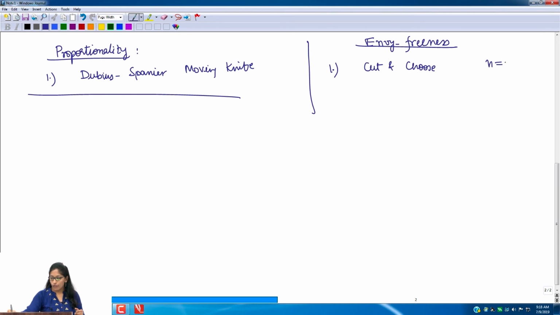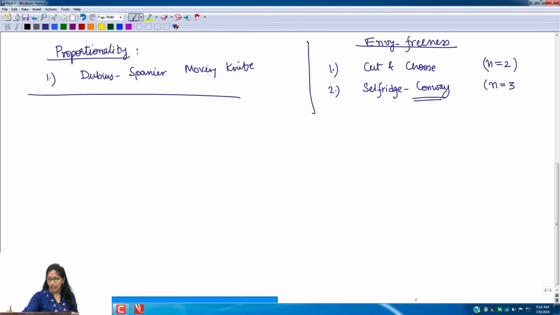This was for n equal to 2, and then for n equal to 3 we saw an envy-free protocol, which was Selfridge-Conway. This was in the disconnected setting.